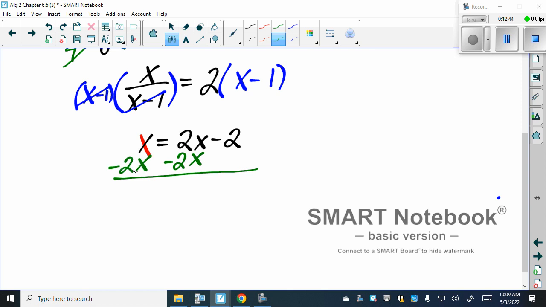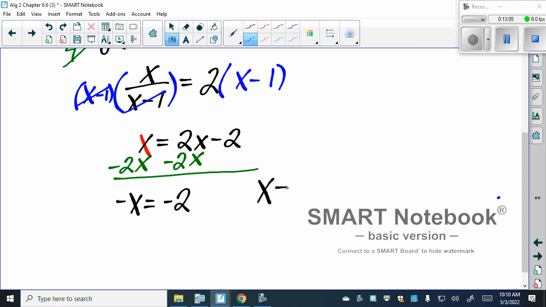There's a lot in me that really wanted to add the 2 to try to keep things positive, but we would have to add the 2 and subtract the x, where just subtracting the 2x is a little bit easier, a little bit faster. Because if we subtract 2x from both sides, we'll get negative x equals negative 2.